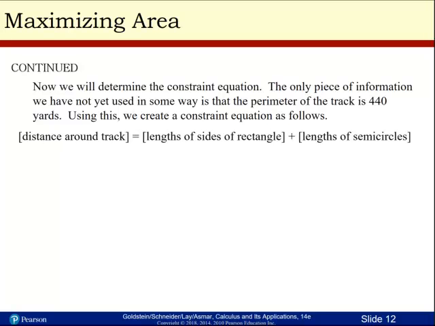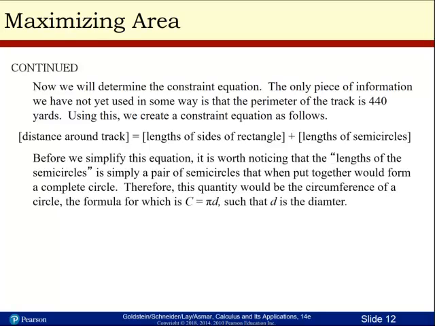The distance around the track is going to equal the lengths of the sides of the rectangles and then the lengths of the semicircles. So we're going to use circumference to get that semicircle part there. Before we simplify the equation, it's worth noticing that the lengths of the semicircles is simply a pair of semicircles that, when put together, would form a complete circle.